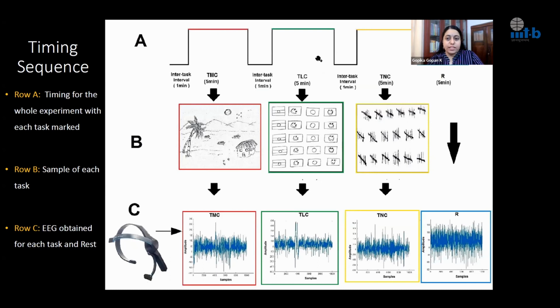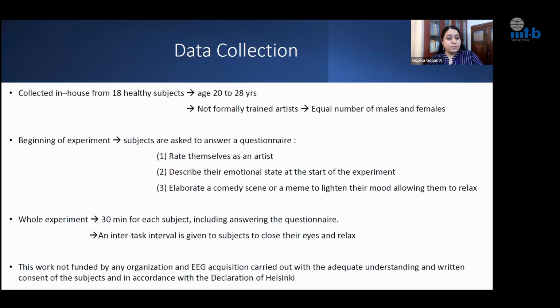So this is the timing sequence. We can observe that each one of them had 5 minutes of the task. Row B shows an example of the subject's drawing, and C shows the corresponding EEG obtained. The data were collected from 18 subjects, our own IIITB students of the age group 20 to 28. They are not formally trained artists, and we had an equal number of males and females.